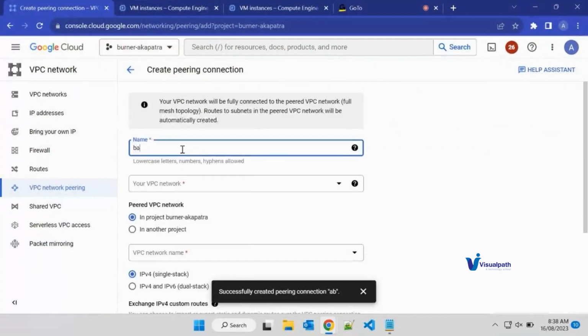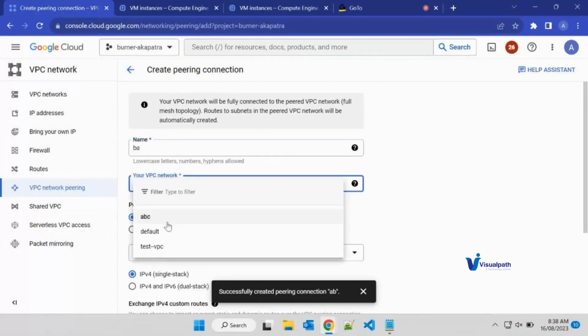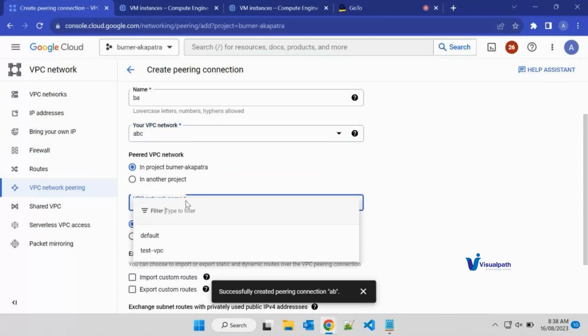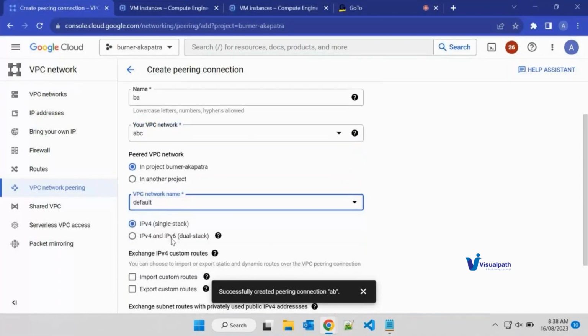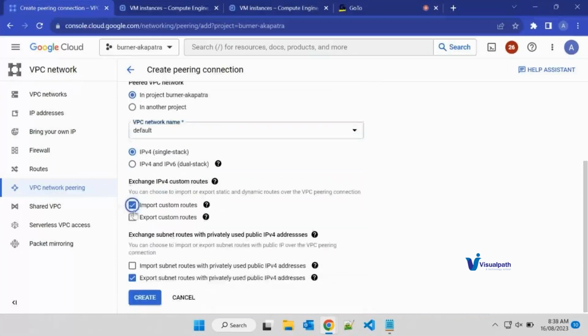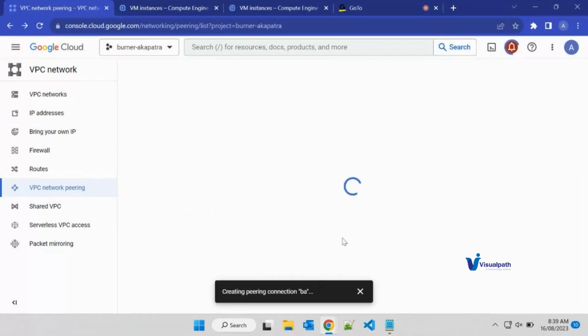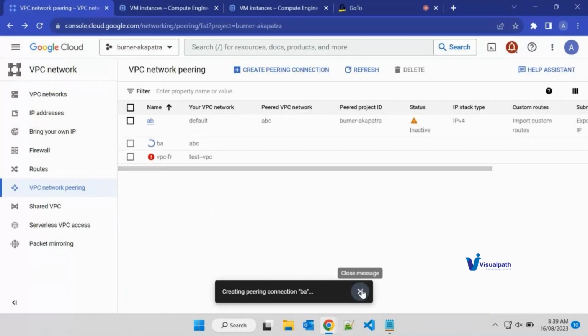B to A, the source changes, so it would now be ABC for me. It's in the same project, so I'll give the default VPC and import custom routes. If you want to export custom routes also, that's fine. That depends on your use case, so just think about it when you're doing it. And now we are setting the second VPC up.